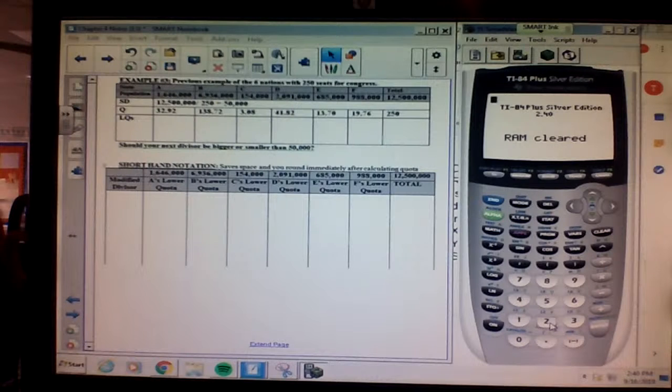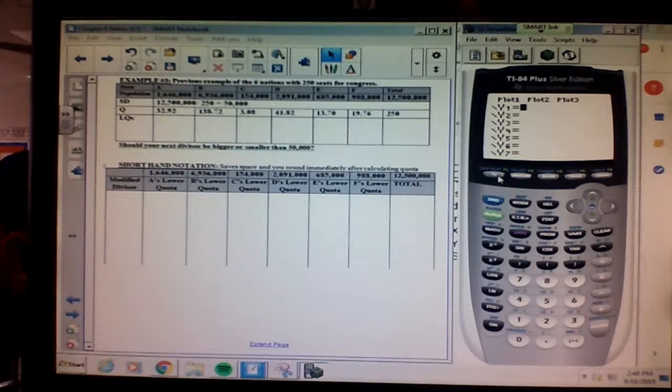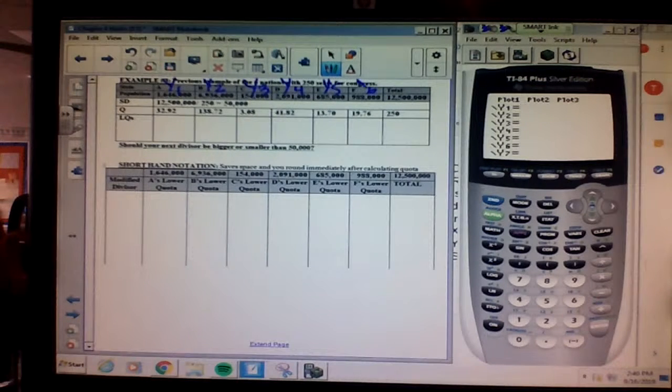Okay, your calculator will divide all of these for you if you tell it to. So you need to go into your y equals. Each one of these states is going to be a y. So state A is going to be y1, state B is going to be y2, state C is y3, y4, y5, and y6.